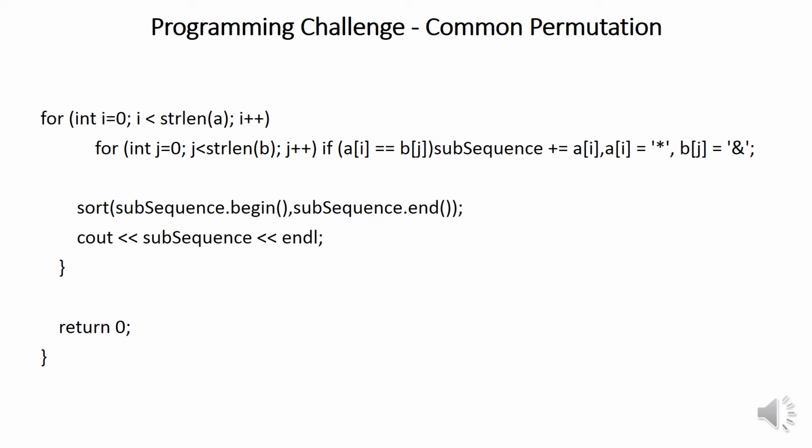So subsequence dot begin means from the beginning of that subsequence variable up to the end, we print that subsequence in alphabetical order. So at last we print that subsequence, that's it.